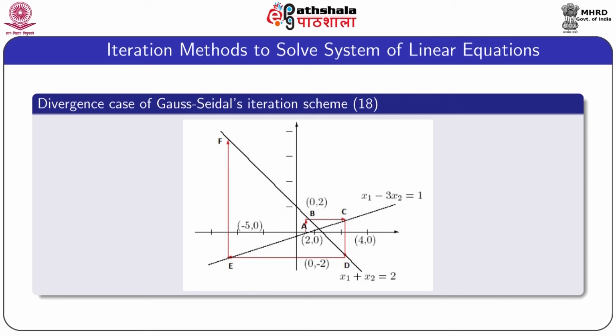This is the diagrammatic representation of the Gauss-Seidel iteration scheme when the scheme diverges and does not give any solution of the given system of equations.